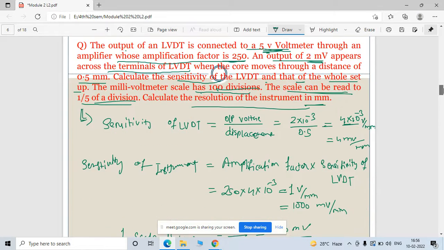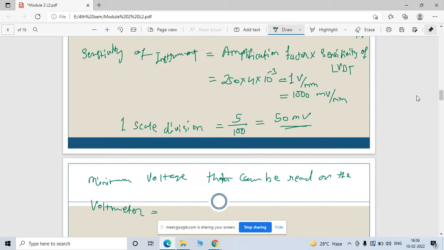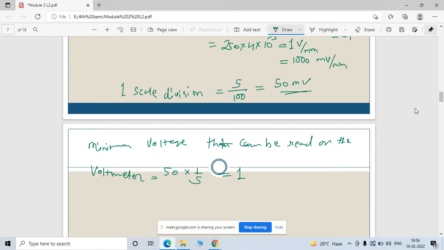So multiply that one fifth of a division with your one scale division range. How much is one scale? 50. So 50 multiplied by one fifth, which is nothing but 10 millivolt, right? So this is nothing but your 10 millivolt, right?